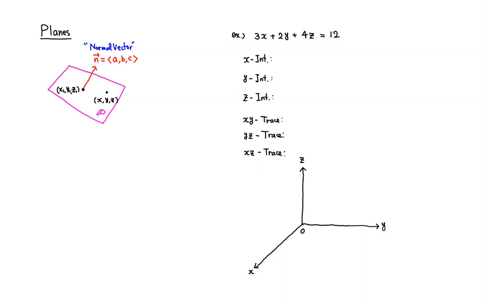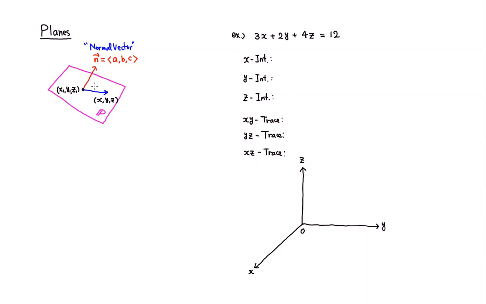So I'm going to create a vector from the given point x1, y1, z1 to this random point x, y, z.